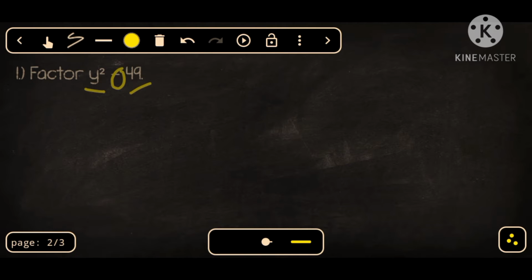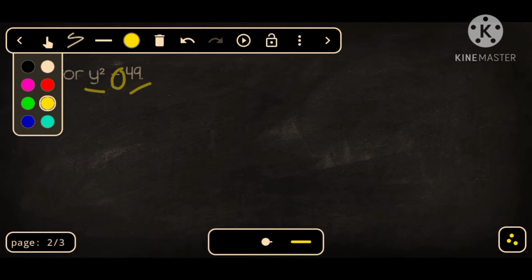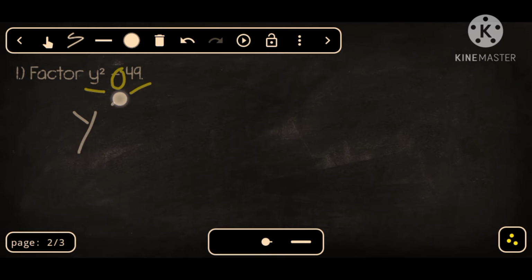We all know that 49 is a perfect square, the result of multiplying 7 by itself. So we're going to change 49 to 7 squared, because 7 squared is 7 times 7, and it is equal to 49. So we have y squared minus 7 squared.